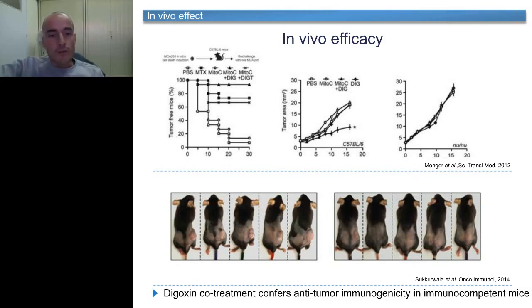We further went on with our in vivo validations, and we used mice in which we grafted tumors, and then we followed the tumor growth in immunocompetent and in immunodeficient mice. And as you can see here, the co-treatment of mice with mitomycin C together with digoxin or digitoxin caused a massive and statistically significant decrease in tumor growth.